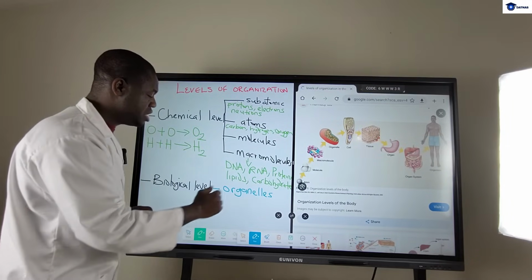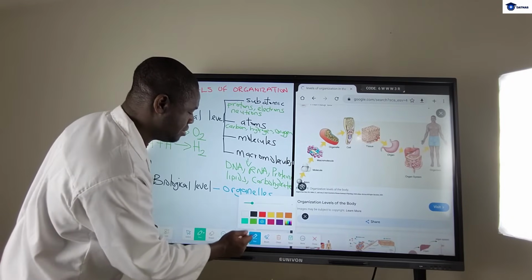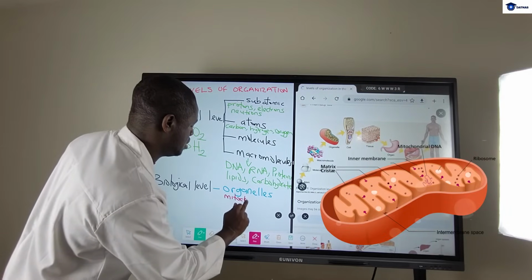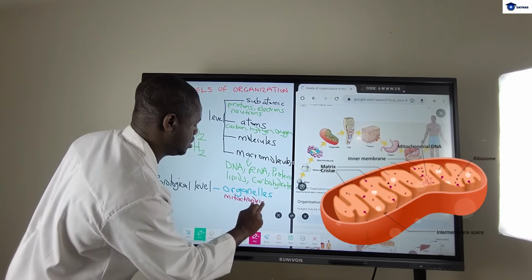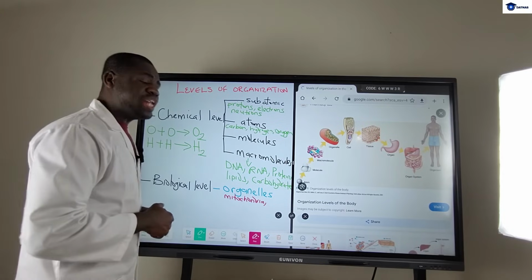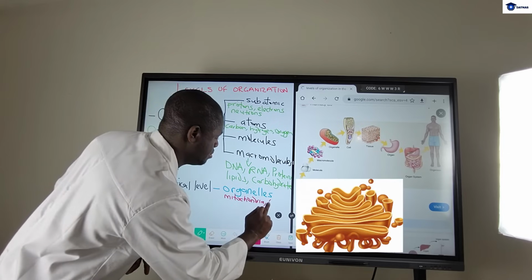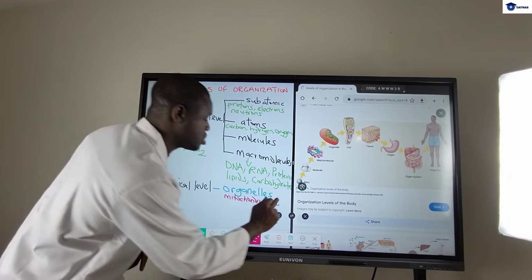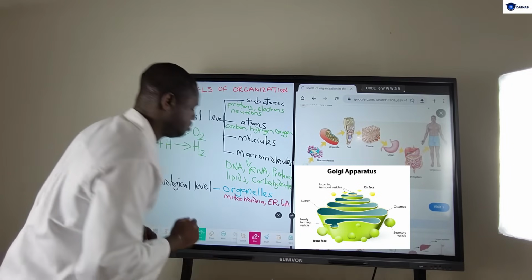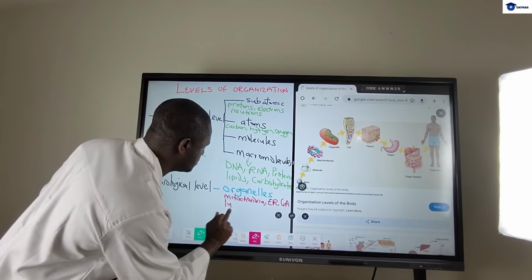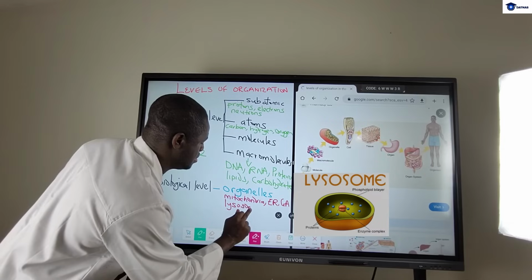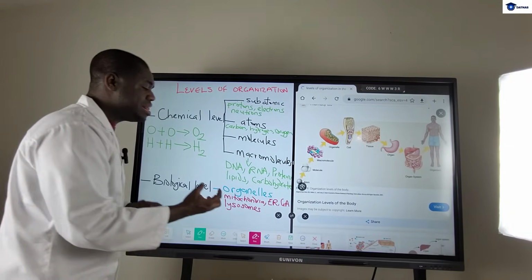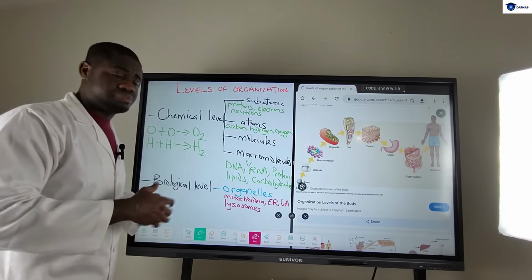Examples of organelles include mitochondria, endoplasmic reticulum, Golgi apparatus, lysosomes, etc. All these are organelles that we can find within the cell.